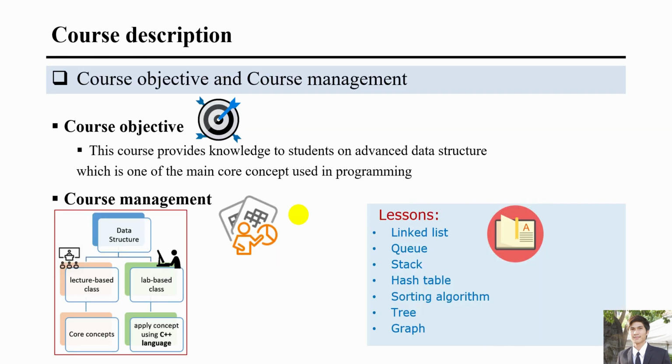Next, we will discuss the course description covering this course in this term. The course objective of this Advanced Algorithm and Data Structure course is to provide students with knowledge of the main topic, which is advanced data structures that can be used to store information when you apply your programming.